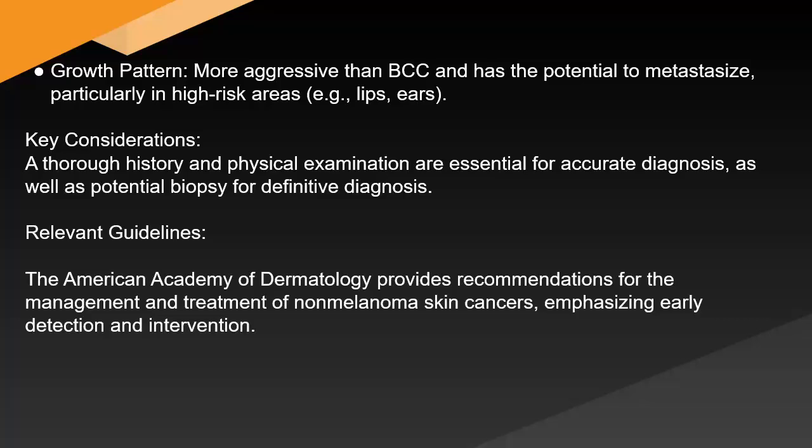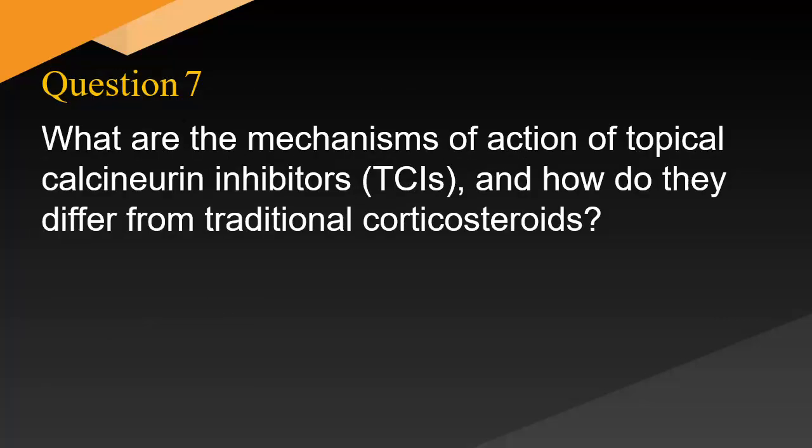Key considerations: a thorough history and physical examination are essential for accurate diagnosis, as well as potential biopsy for definitive diagnosis. Relevant guidelines: the American Academy of Dermatology provides recommendations for the management and treatment of non-melanoma skin cancers, emphasizing early detection and intervention.